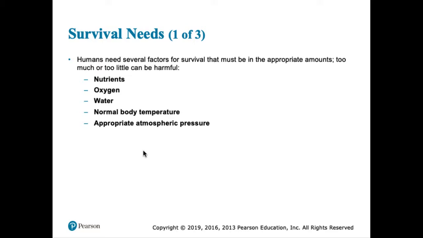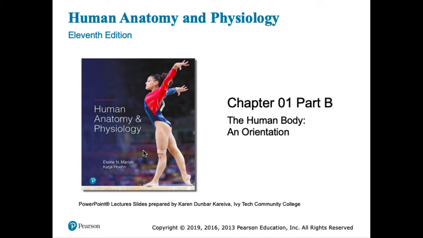A lot of times we think about having too little of something as being bad. Not enough food, we're malnourished, or not enough water, we're dehydrated. But we can have too much as well. So some things that we have to balance in our body are our nutrients, our oxygen, our water, our body temperature, and our atmospheric pressure. Those are some of those survival needs.